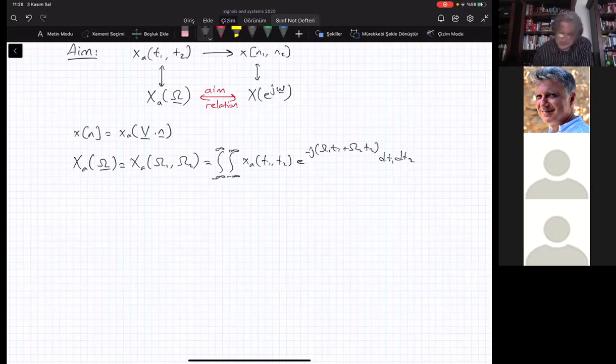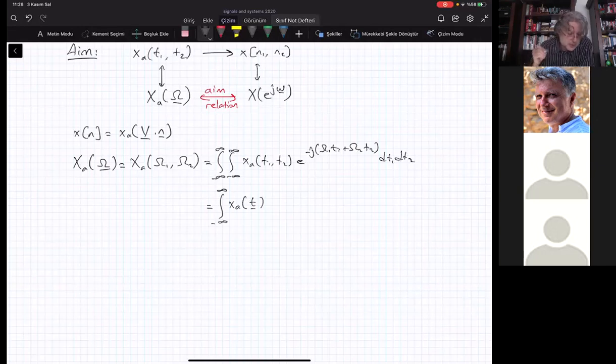Now please notice that this may be written in a very compact form like a single integral, but that single integration corresponds to a volumetric or two-dimensional integration. Xa of T bar. So this is the notation that we must adapt into.